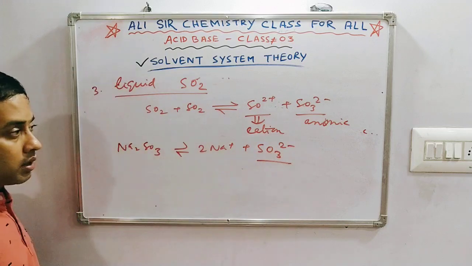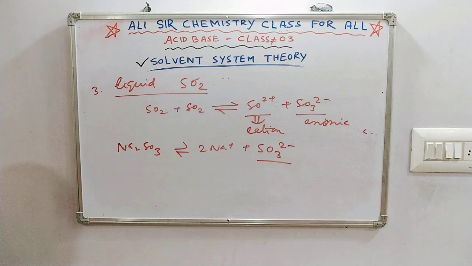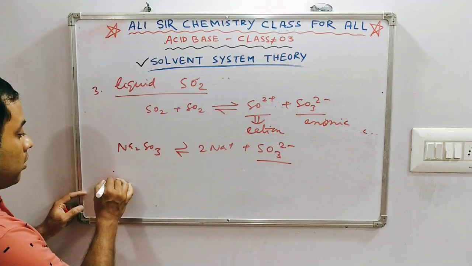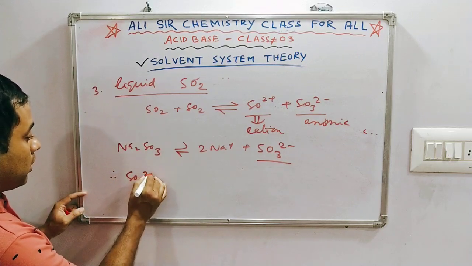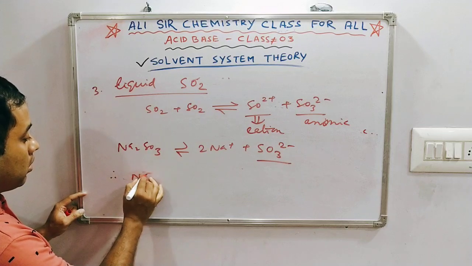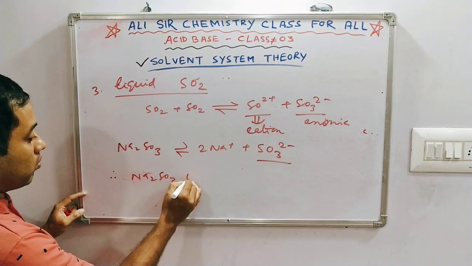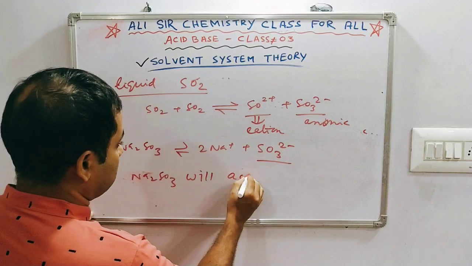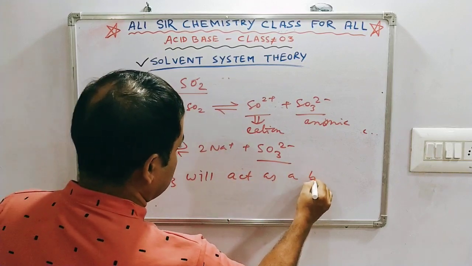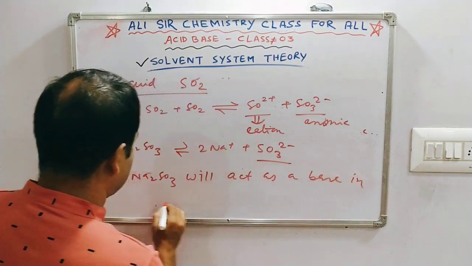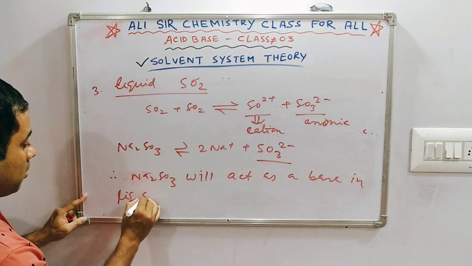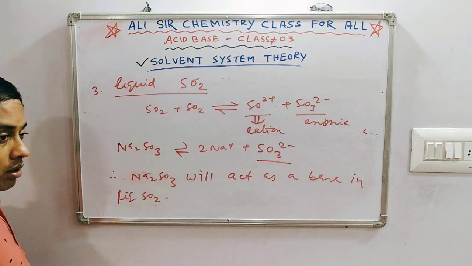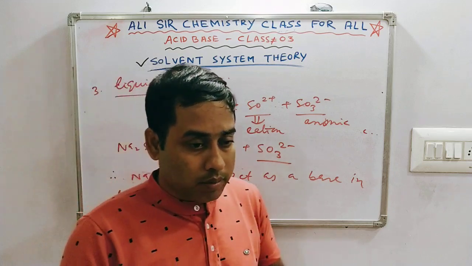SO3 2 minus is the anionic part of the solvent liquid sulfur dioxide. Therefore Na2SO3 will act as a base in liquid sulfur dioxide. So this is also very simple.